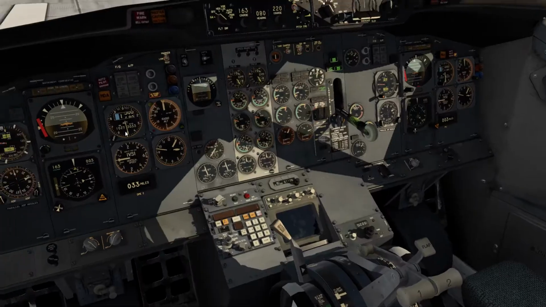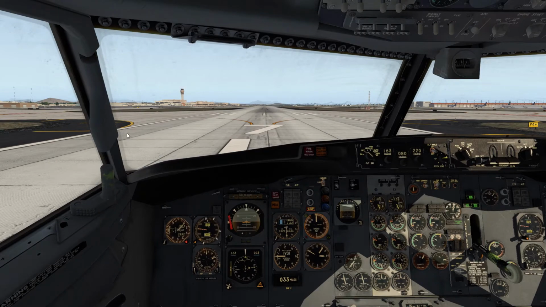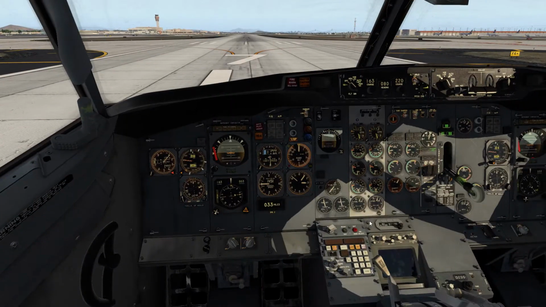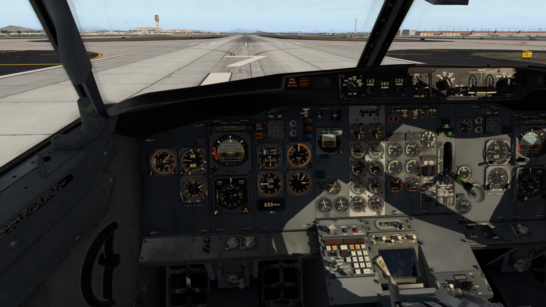Brakes released, the trim is set. I'm going to turn the autopilot on when we reach 5,000 feet. We'll level off at 5,000.